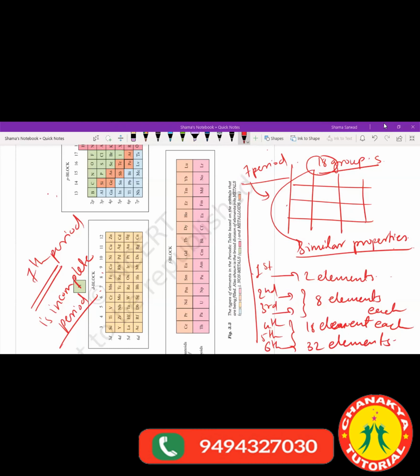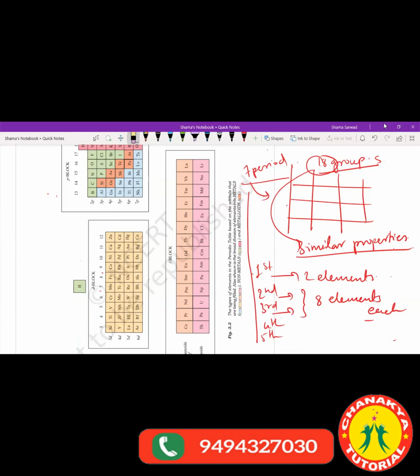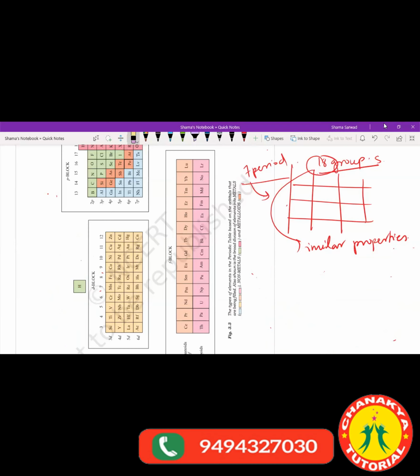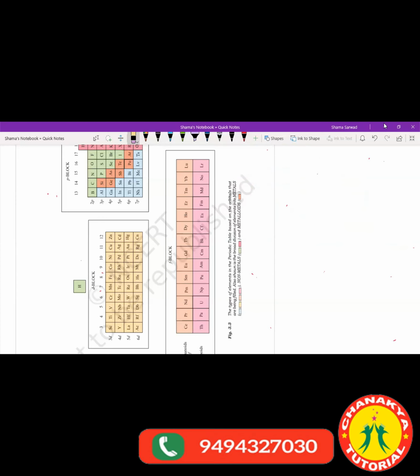Now we are going to go to the nomenclature section. One chart is given to you for the nomenclature. And we are going to discuss the modern periodic table, where you were not there.